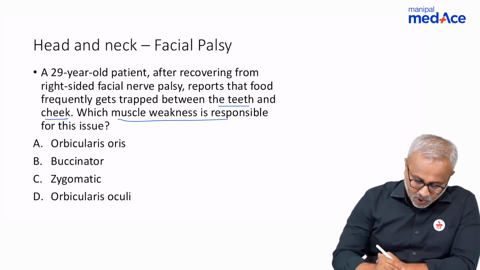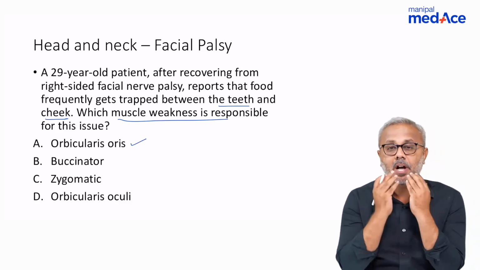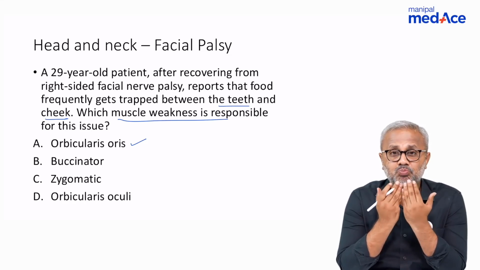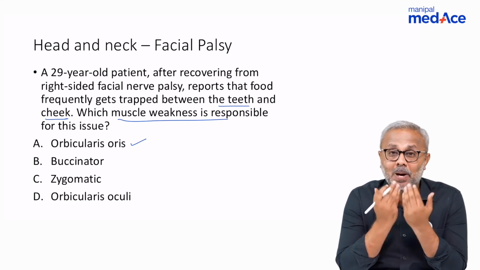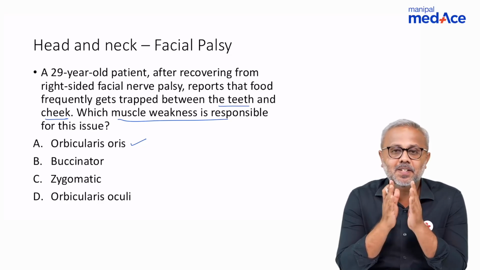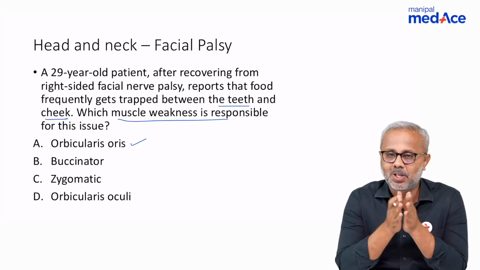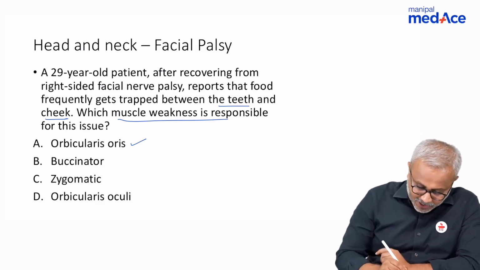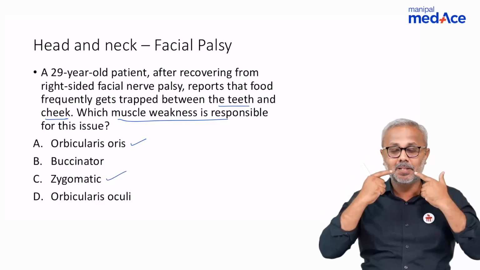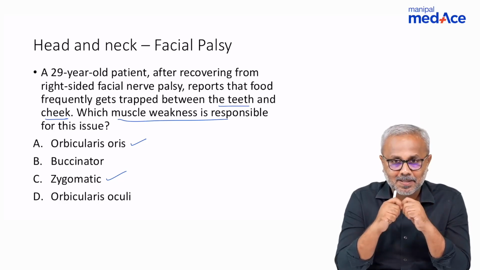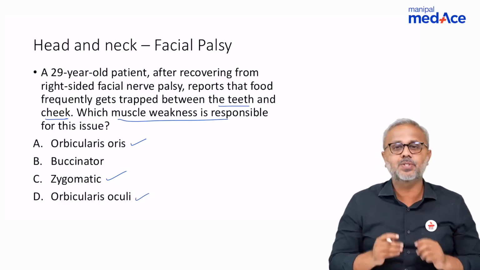Now, orbicularis oris is also called the kissing muscle because it is used in kissing or pouting. This is the function of orbicularis oris. So it's basically a sphincter of your oral cavity. Then the zygomatic muscles, major and minor, are involved in the expression of smiling and sadness. Then orbicularis oculi.